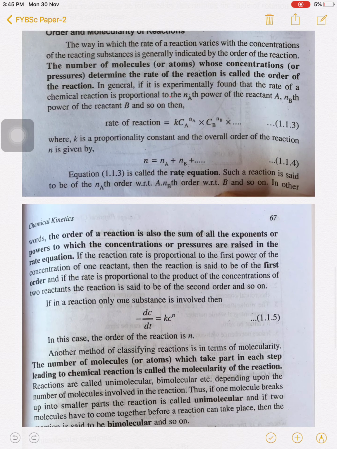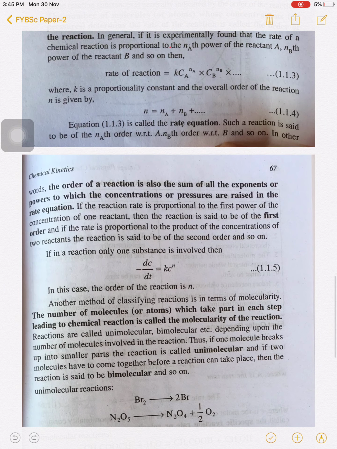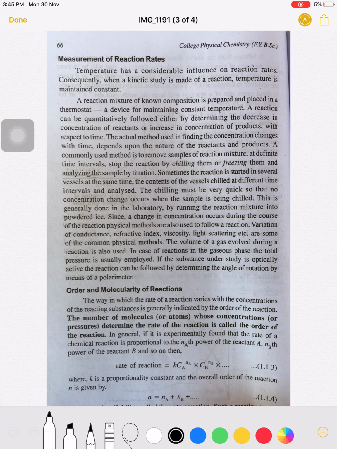In other words, the order of reaction is also the sum of all exponents or powers to which the concentration or pressure are raised in the rate equation. If you see equation 1.1.3, the reactant concentrations have powers Na and Nb, therefore we add Na plus Nb, and this Na plus Nb gives the order of reaction.